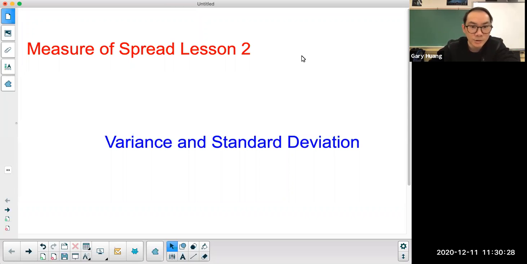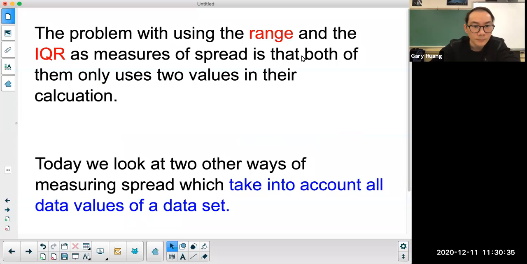Today we're going to look at the measure of spread, lesson number 2 on variance and standard deviation. Now, last time we looked at the range and the IQR. The problem is that using just the range or the IQR as a measure of spread is somewhat limited, because both of those calculations involve only two values, and it's ignoring the effect of all the other data on the spread of the data that's presented.